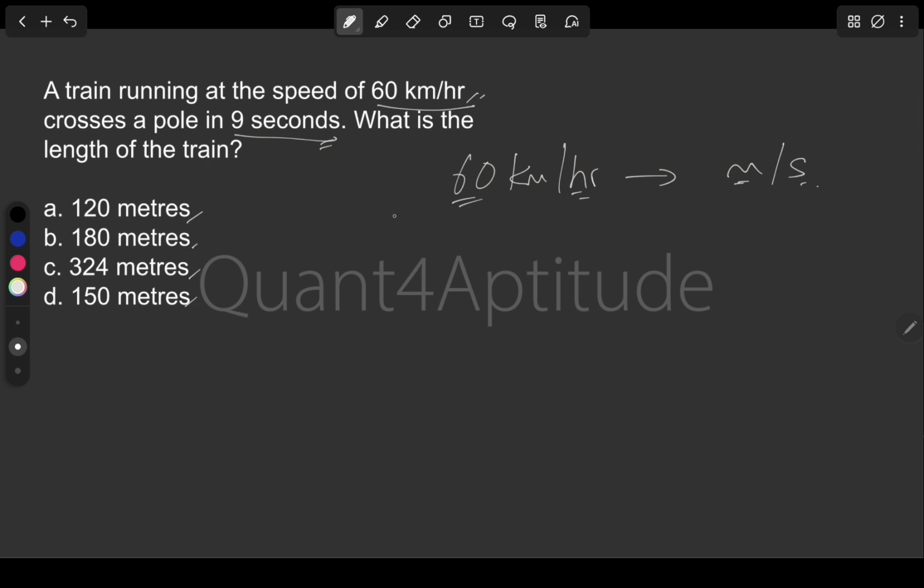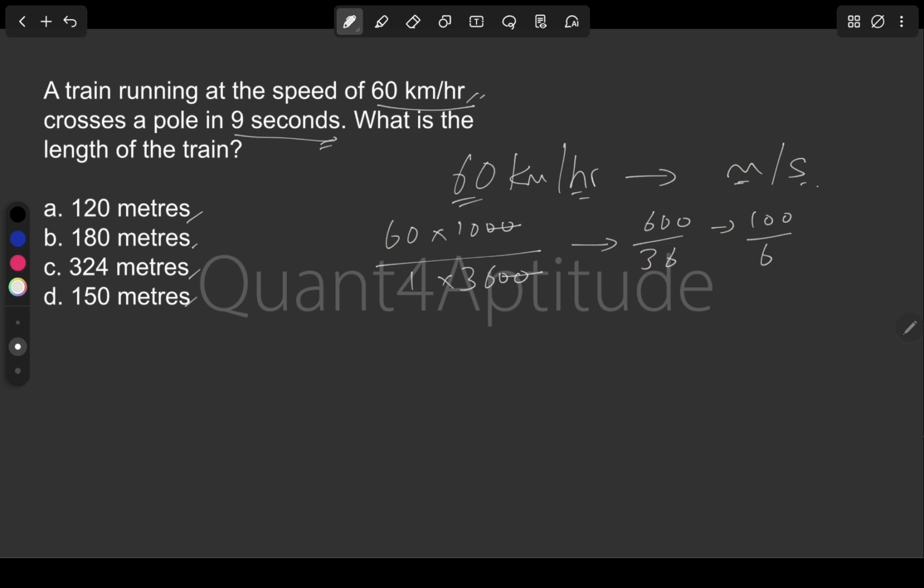That is 60 kilometers, and each kilometer is 1000 meters, divided by 1 hour, which is 3600 seconds. In this case, it's not exactly divisible. You will end up getting 600 by 36, which is nothing but 100 by 6. You can retain it so that you can simplify in the next calculation level.